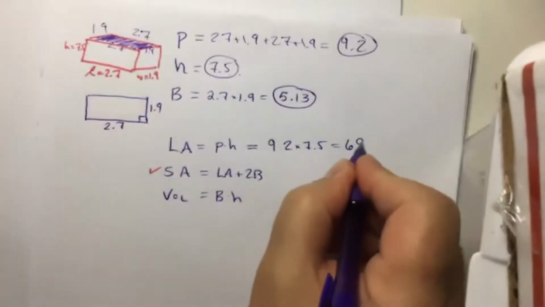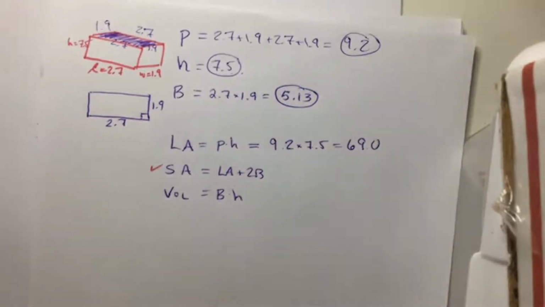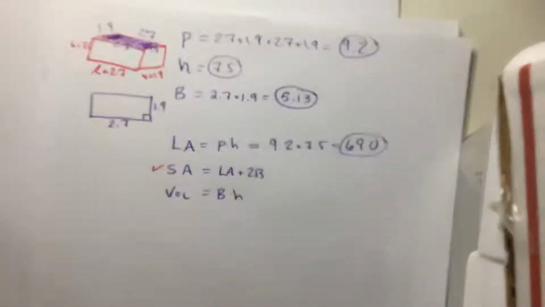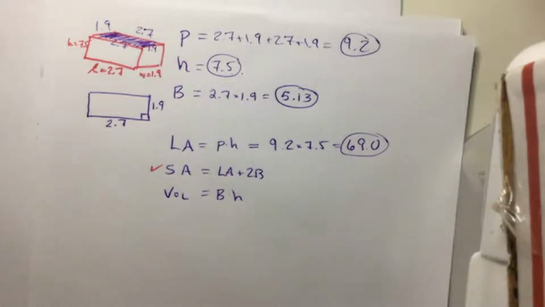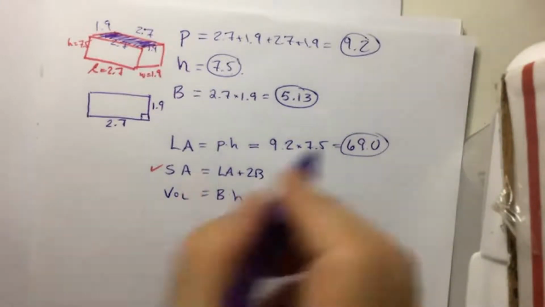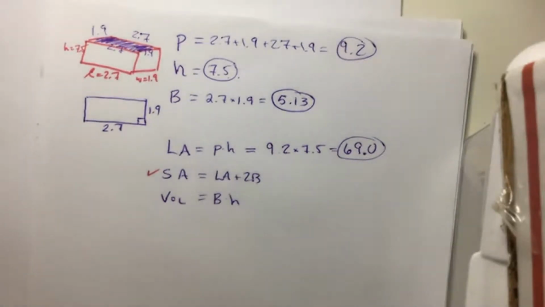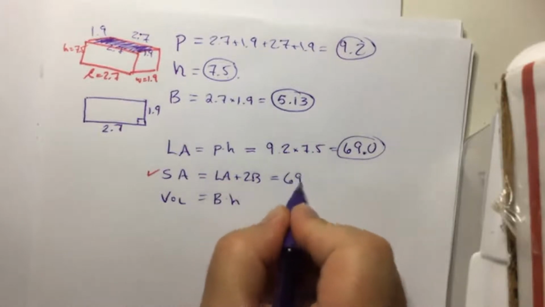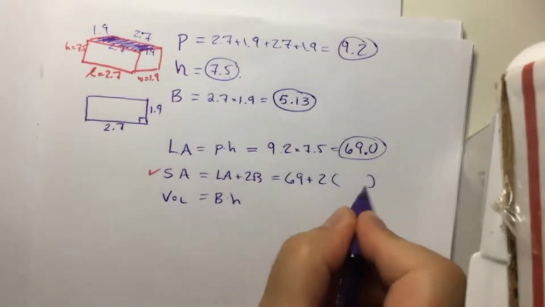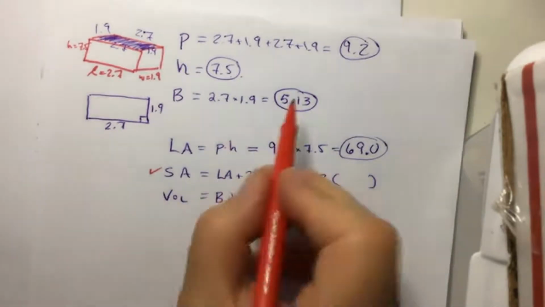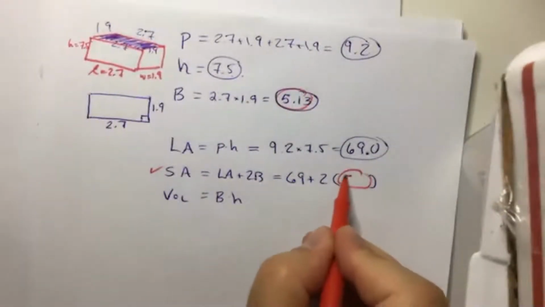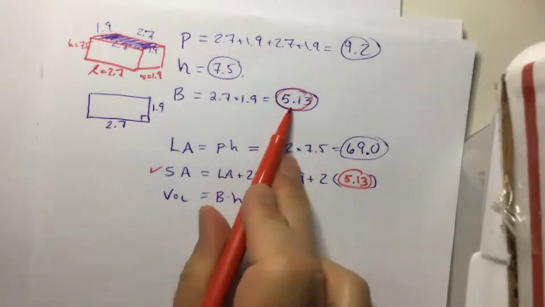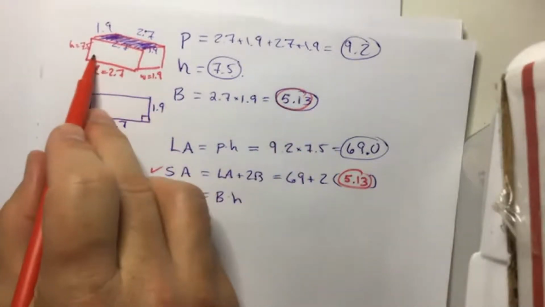My case comes out to 69.0. Anyone having trouble finding their lateral area? Okay, so to find our surface area, we're just going to take that same lateral area we just found, plus 2 whatever these bases are, because that's the area of the base, and this shape has 1 up top and 1 down below.